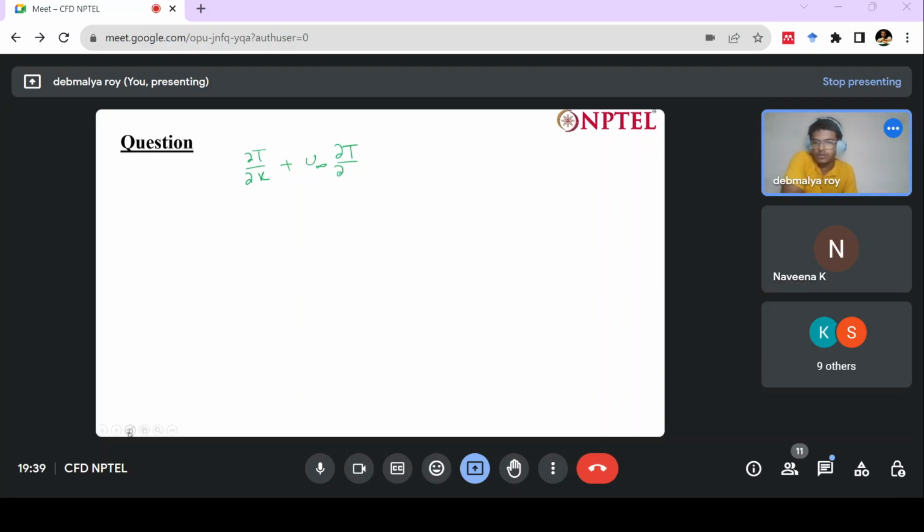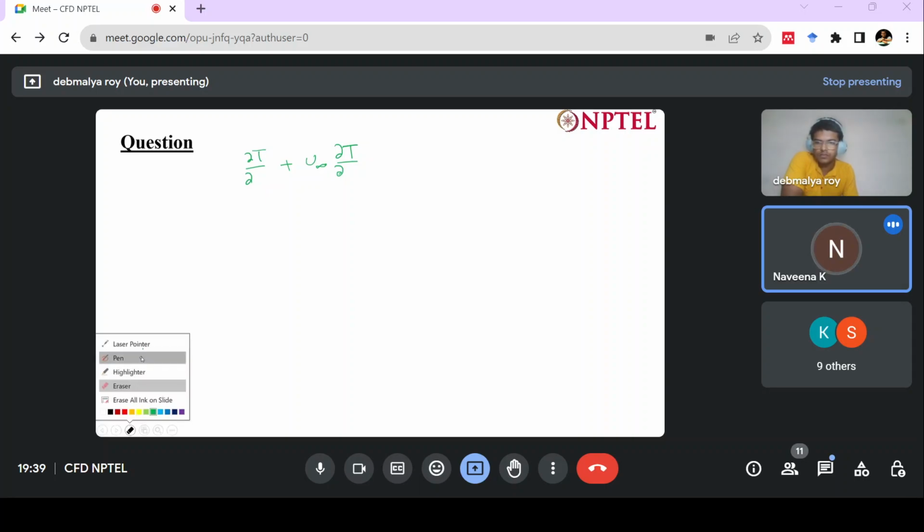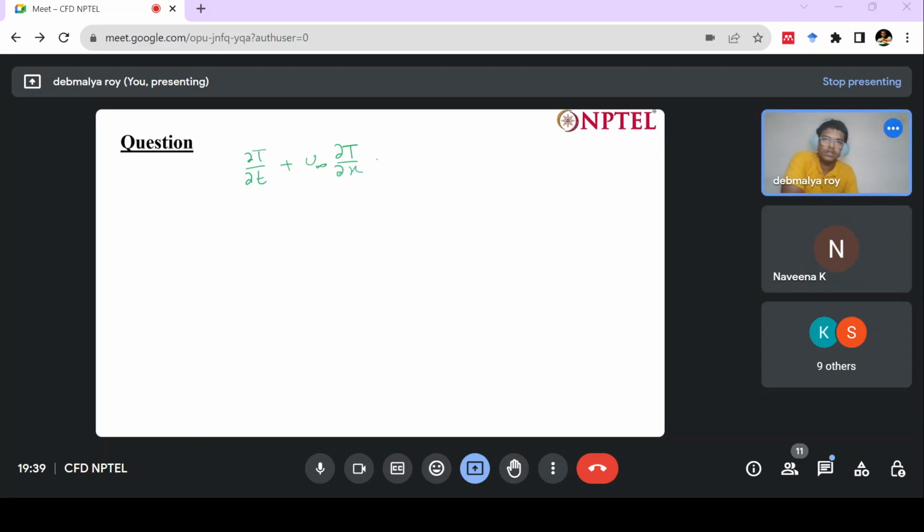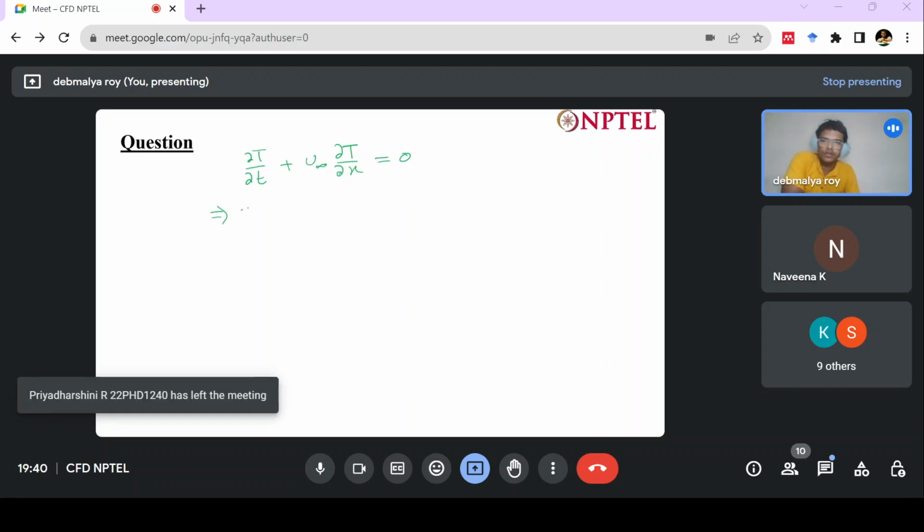So this is T, this is T, this is X. Okay, so let's do one thing. Let's first differentiate this equation with respect to X. If we differentiate this equation with respect to X, we will have something of this sort.